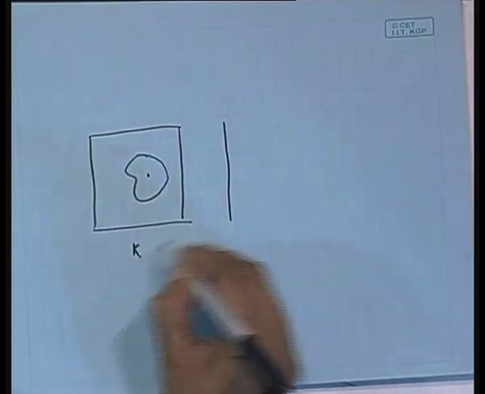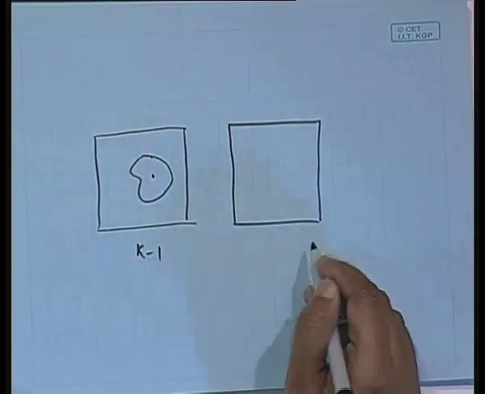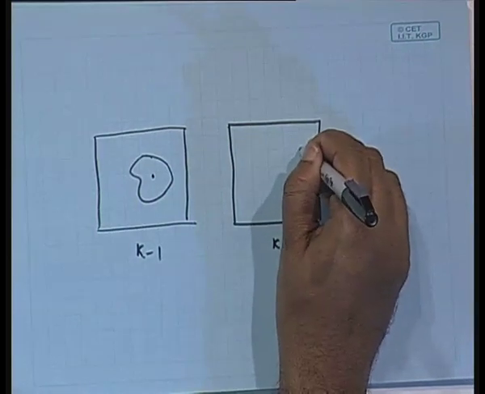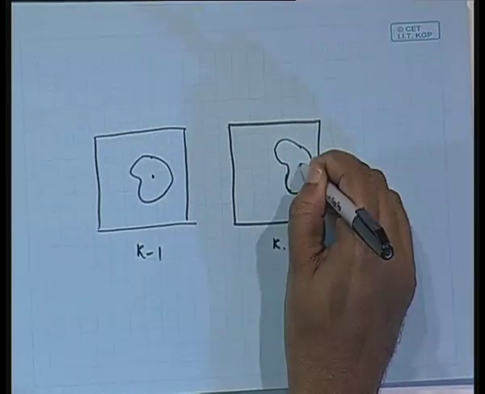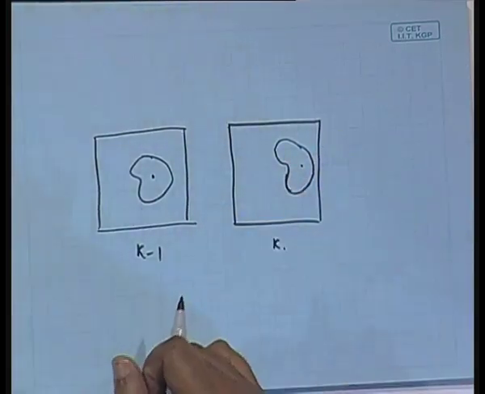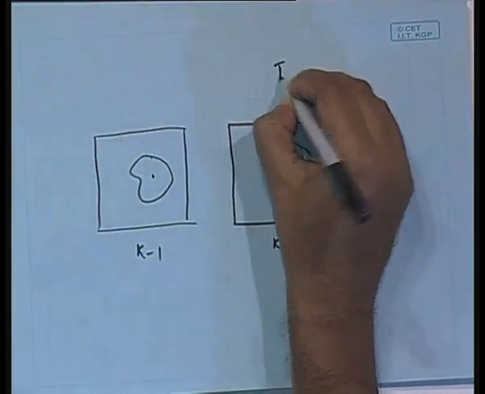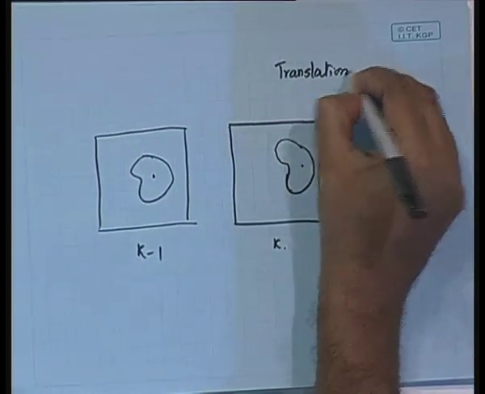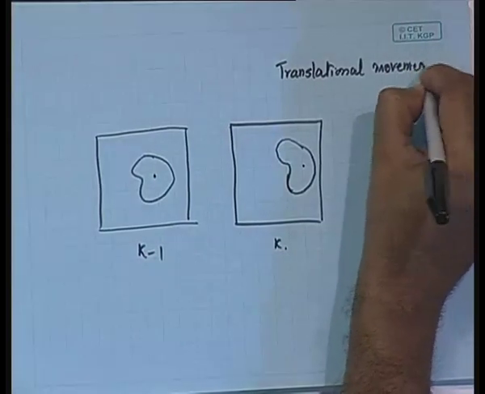This is at frame k minus 1, and at frame k this same object moves. The very simplistic assumption is that it undergoes a translational movement.